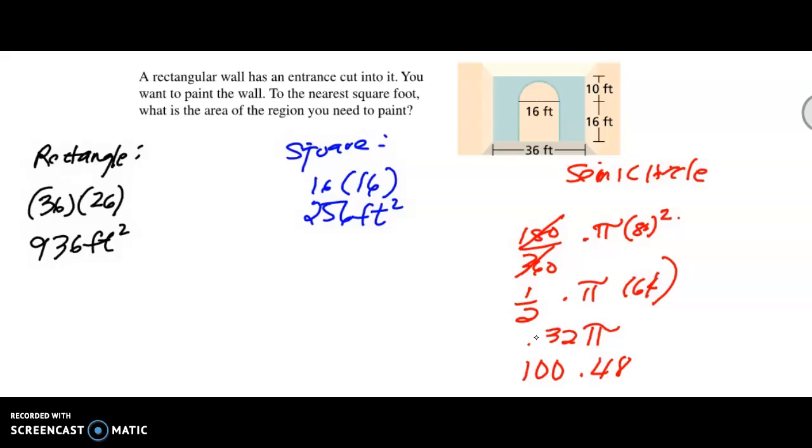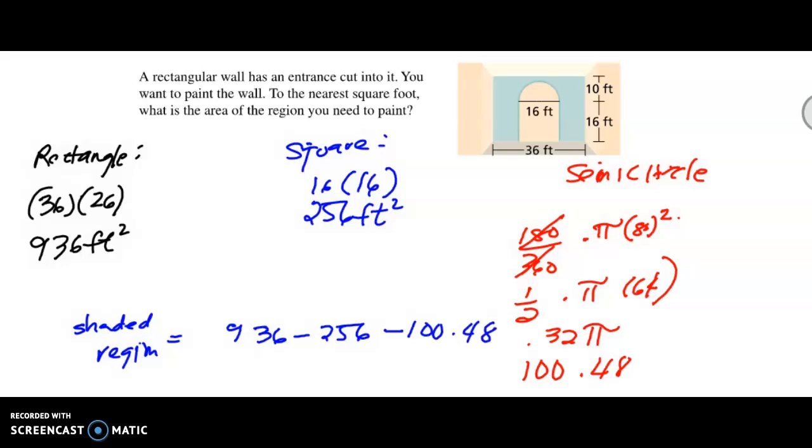Okay, so we have the areas of the rectangle, square, and semicircle. So to find the area of the blue shaded region, the shaded region is equal to 936, take away 256, take away 100.48.